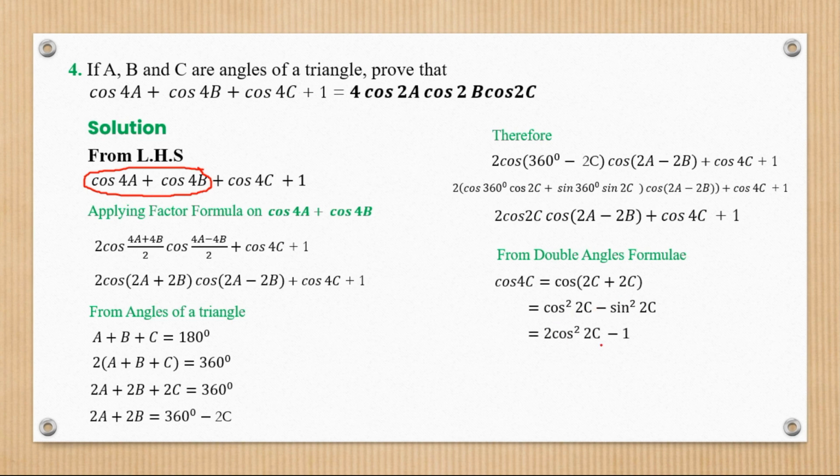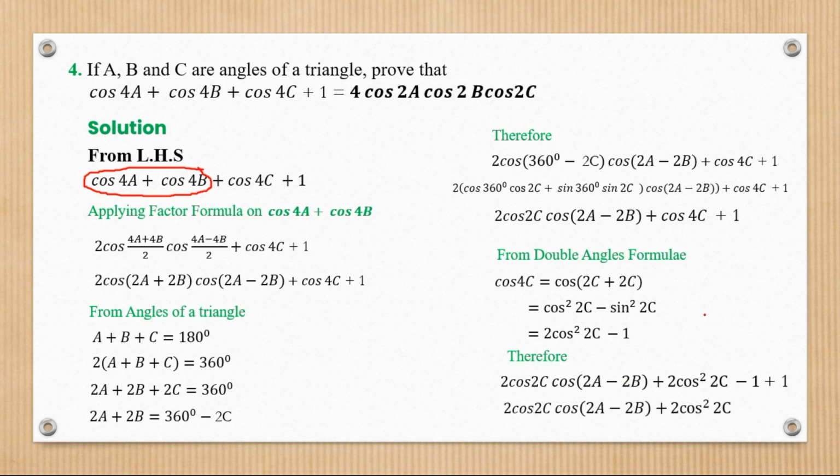When we change that, it becomes that. Therefore this becomes this, as you can see. And now there is a minus 1 here, and this minus 1 plus this 1 that was already in existence, they all cancel, and then we remain with that.